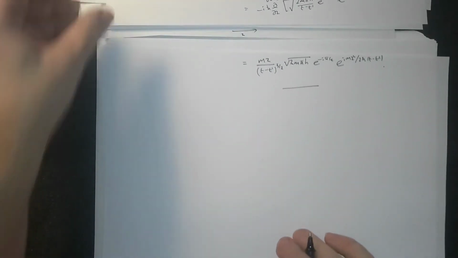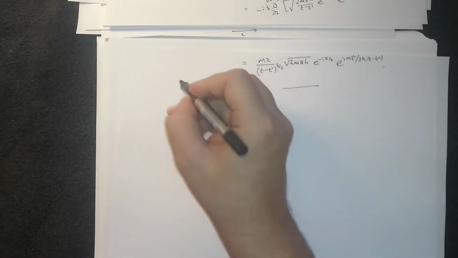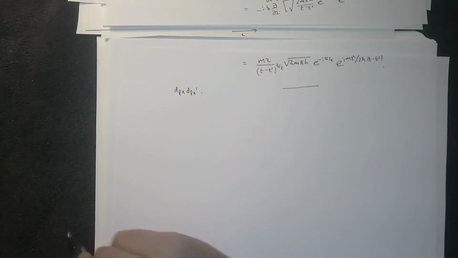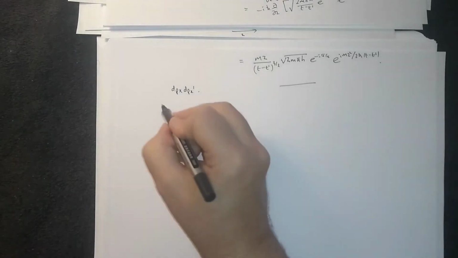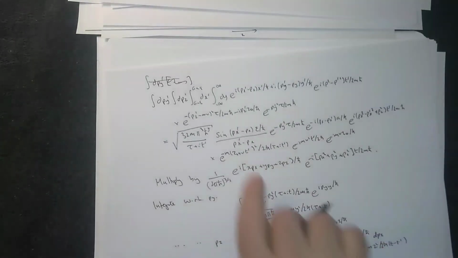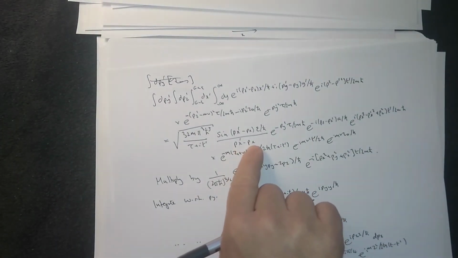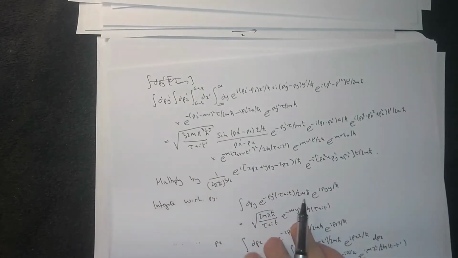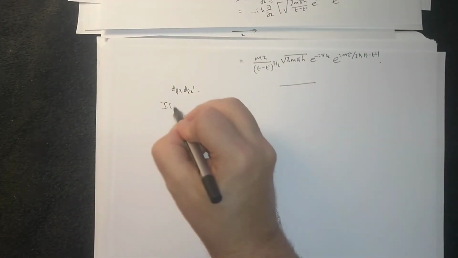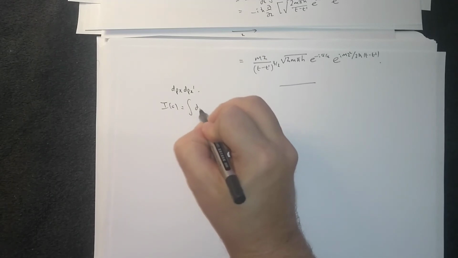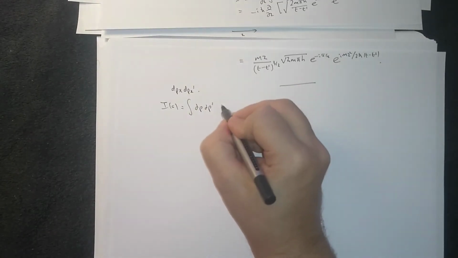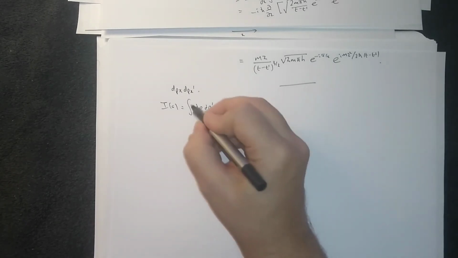Next, let us deal with the dp_x prime integrals. So this is a little bit more tricky because of the p_x prime minus p_x in the denominator. Now the numerator also vanishes, but it's still not so nice. So let me write I(a). The thing we need to integrate is this thing from minus infinity to infinity in both cases.